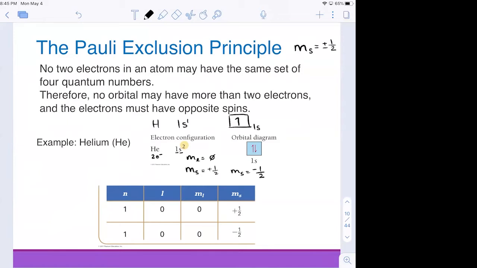The Pauli exclusion principle says this: no 2 electrons in an atom can have the same set of 4 quantum numbers. Their n, their l, and their ml can all be identical, but what has to be different is the spin.